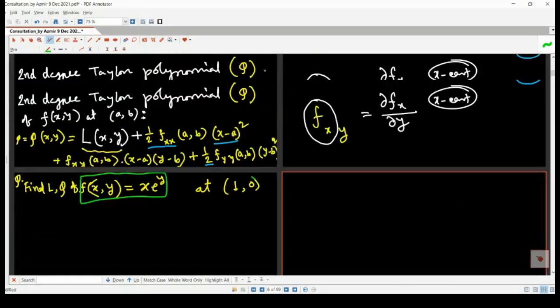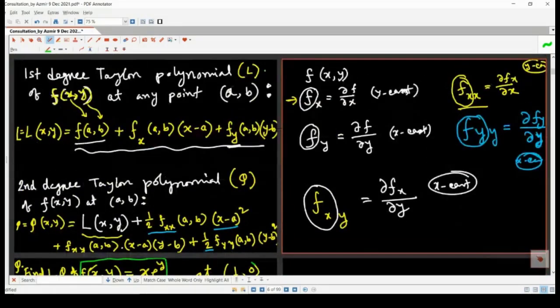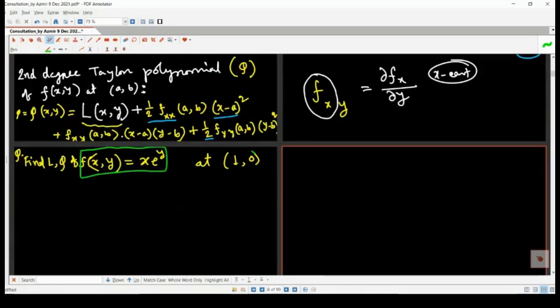You can have a look at the main formula. Here we have a point a comma b, and there is a function here with a point. So similarly, we have a function here with a point. If we compare with a comma b, then you can easily understand that a equals 1, b equals 0.